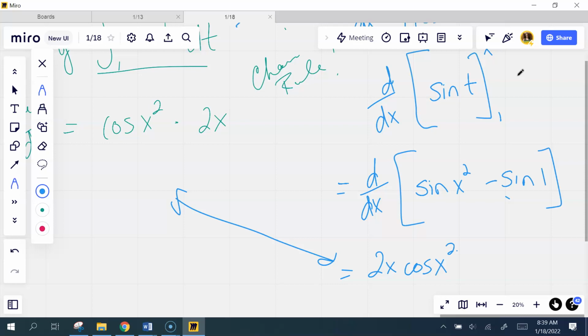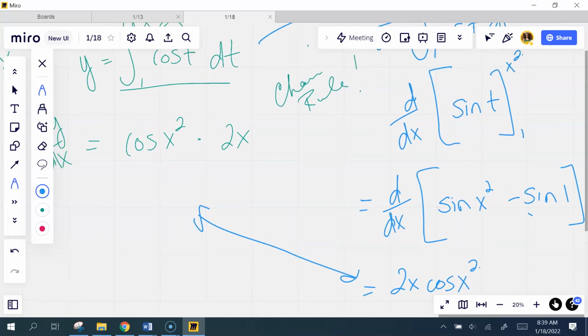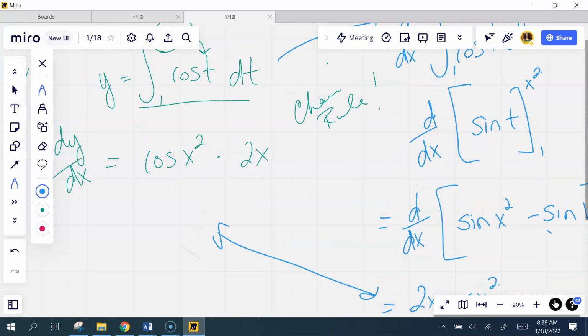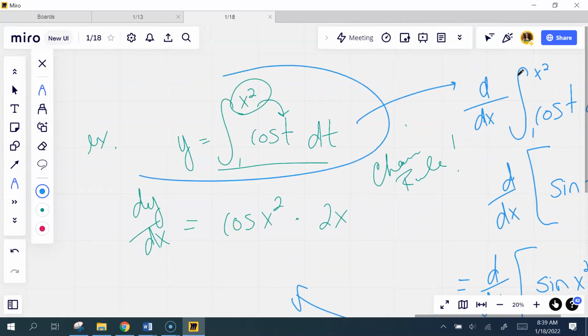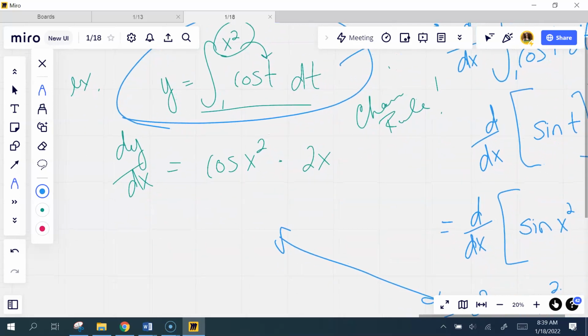Believe it or not, you are going to have multiple choice questions that literally say, if y equals this, find dy dx. And you will probably have more than one because this is the fundamental theorem. And do it on your own.